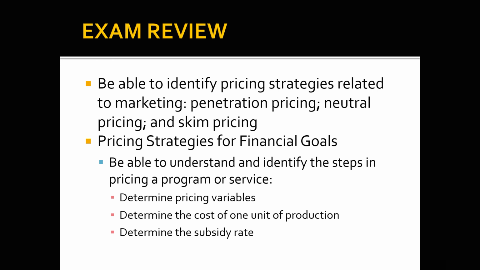You're not going to need to know all of the steps to figure out pricing for pricing strategy, but make sure you generally understand for the exam what the pricing variables are, what a subsidy rate is, etc. And specifically looking at if it's something public, a merit program, or private.